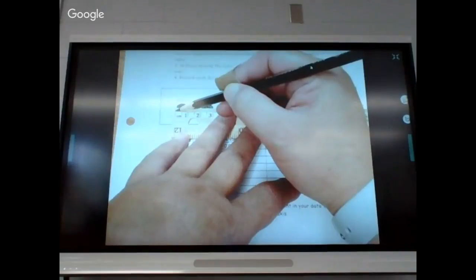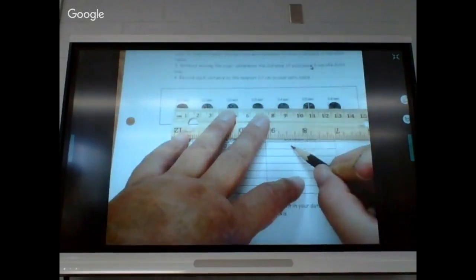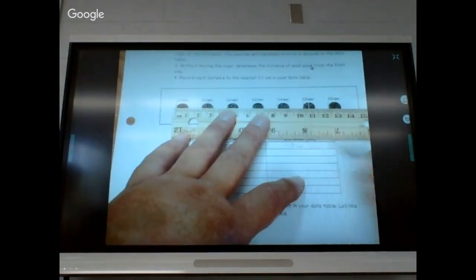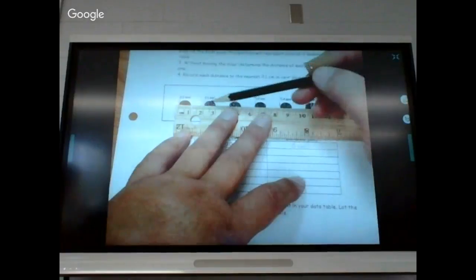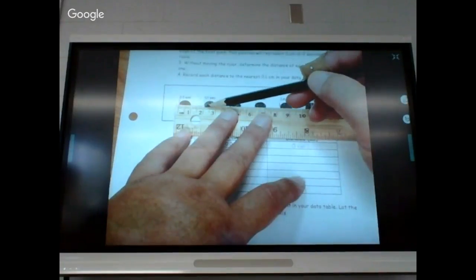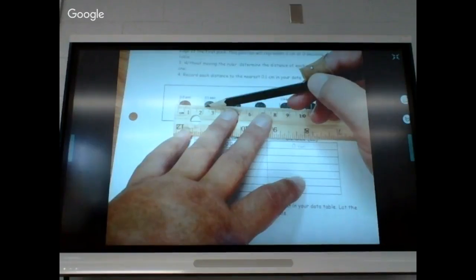What does it measure right there? It measures 0. So 0 centimeters. At 0.1, what does it measure right there? 2.1. I'm pointing to it.